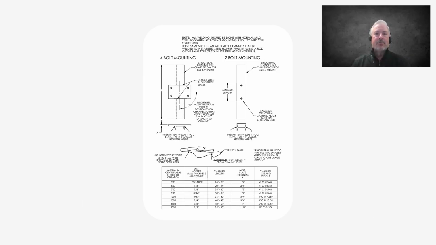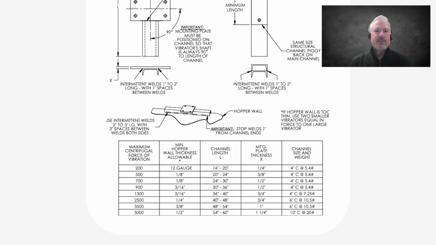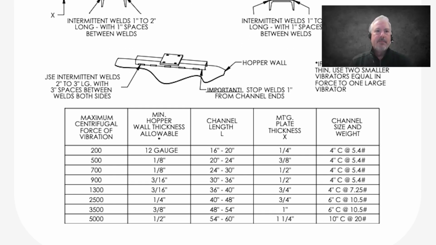This illustration that you see here comes from the appendix in our manual for our electric vibrators. And what I wanted to point out was a couple things. The table towards the bottom shows the maximum force of the vibrator, what we recommend for minimum wall thickness with those, and then channel length and channel size and weight.